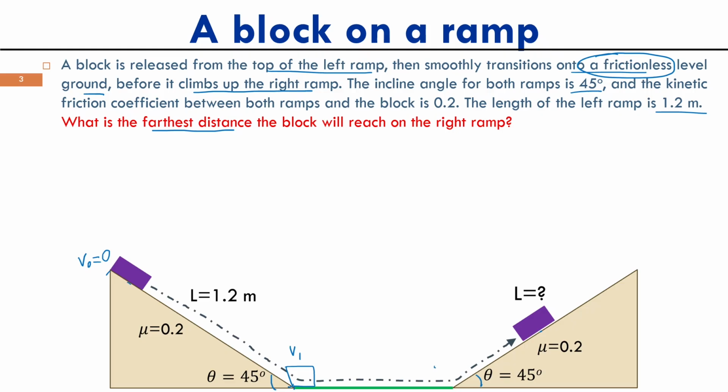That means the velocity is still v1 here, right? And then the block continues to move until its velocity becomes 0 again. That is the moment the block has reached its furthest distance on the right ramp. So this is the motion.